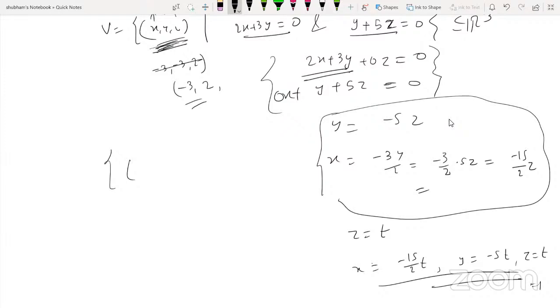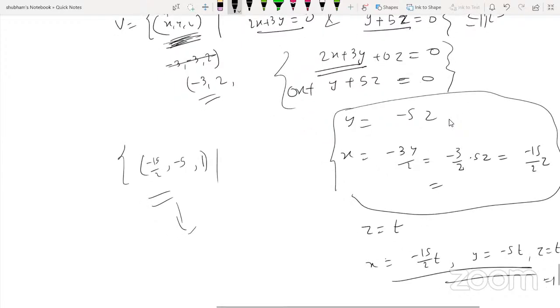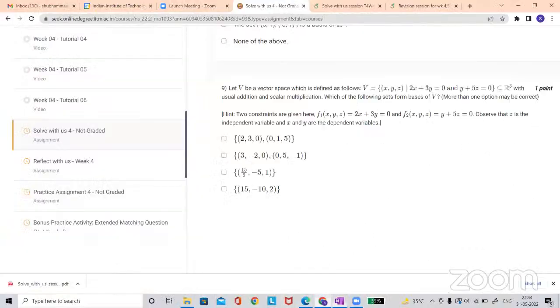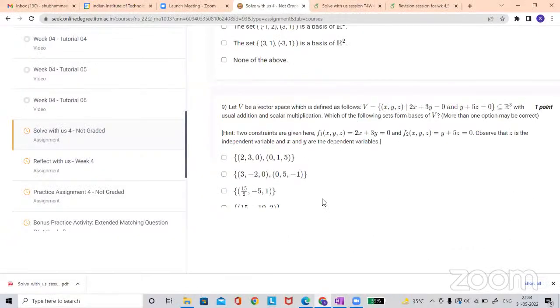Then the vector is 15 by 2, -5, and 1. Similarly, other vectors will come. So you got the idea of how to write in terms of t? Yes. So basically z is independent, and x and y are dependent on z. So now what is the next question here?